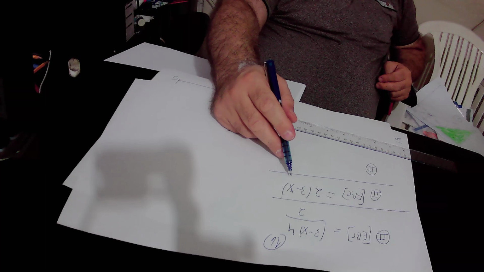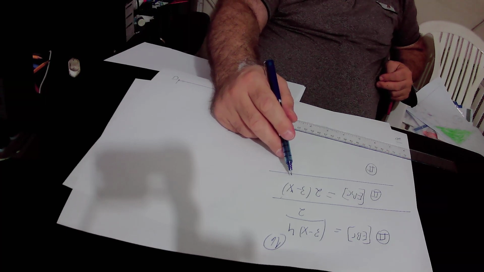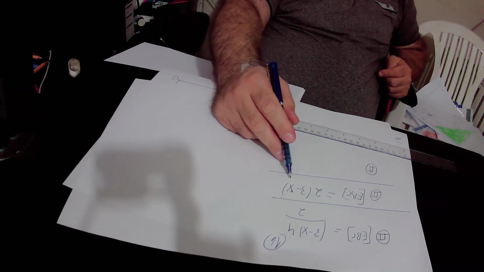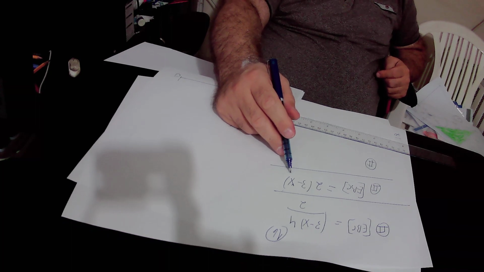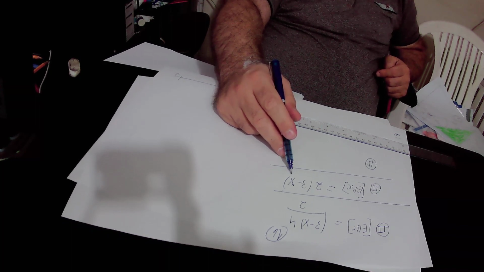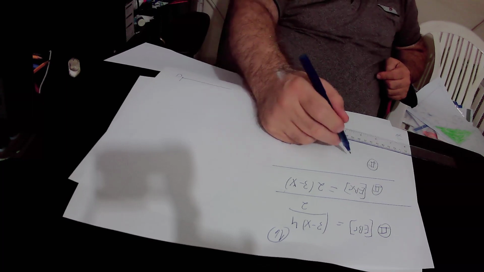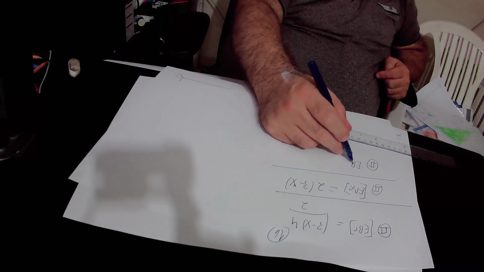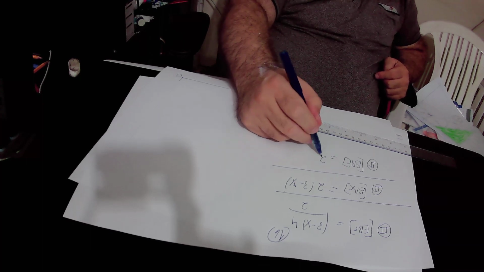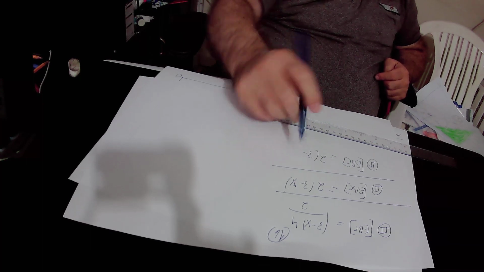We have already found out the value of x, so we will place the value of x inside x in this equation, equation number 2, and we will get that the area of triangle EBC equals 2 times 3 minus x.